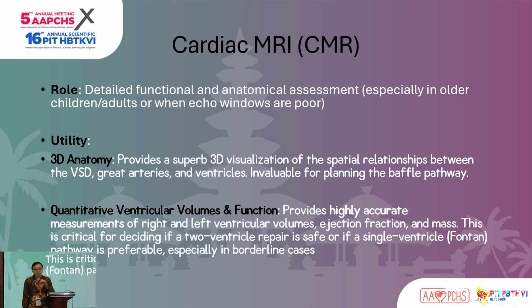The other good thing about cardiac MR is actually it provides accurate measurement of left and right ventricular volumes, mainly for unbalanced ventricles, helps us for measurement, looks at ejection fraction as well as the mass. So especially good for whether we are deciding between two ventricle or single ventricle repair in borderline cases.